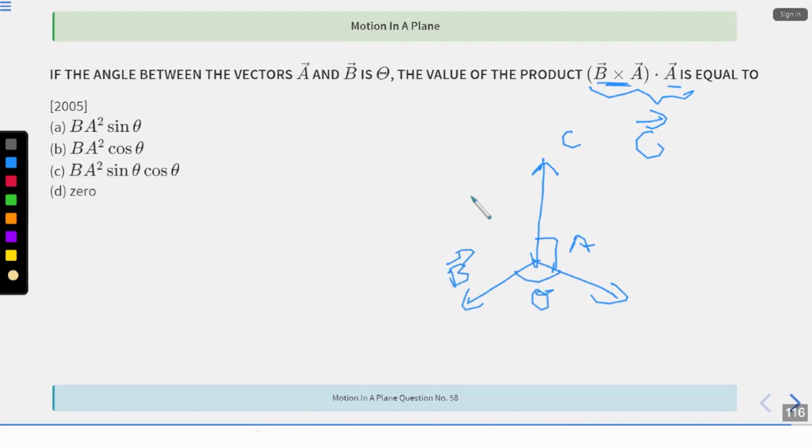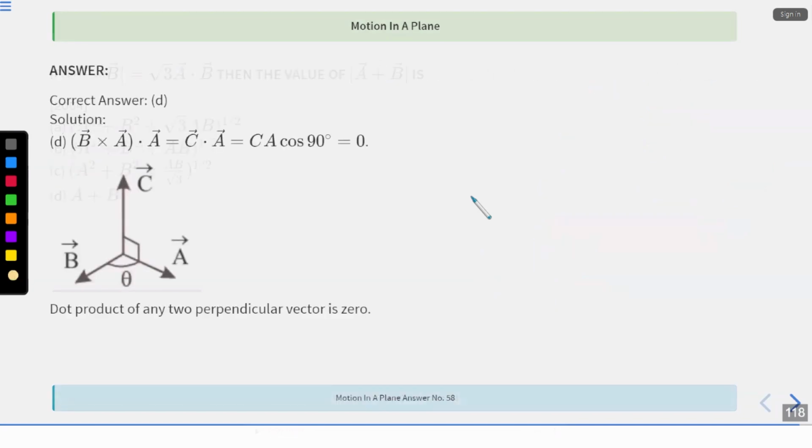So what I can tell is C dot A, which I have taken as C dot A. Here we can write it as CA cos theta, that is CA cos 90 degree, which would be equal to 0. So basically what we see here is that the dot product of any two perpendicular vectors is 0, right? Moving on to the next question.